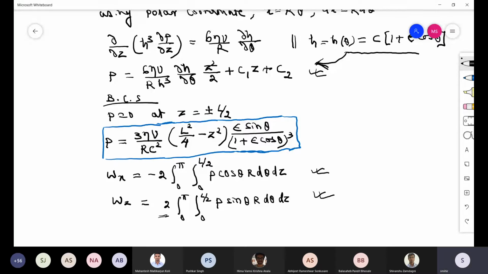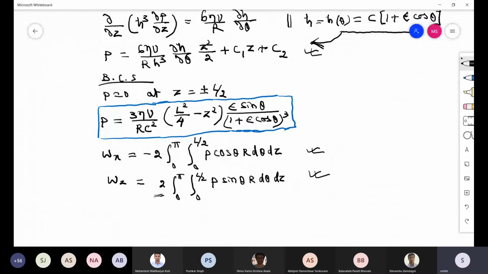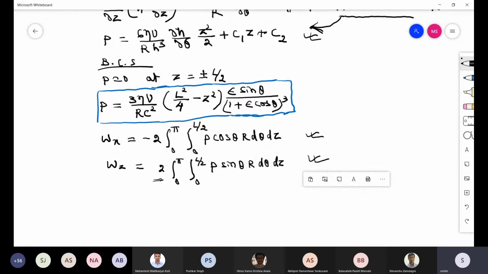That was quite reasonable for the pressure profile. That's why we are not taking 0 to 2 pi, rather we are taking 0 to pi, as we discussed in the last class. For these two integrations, you have to use Sommerfeld substitutions in a very similar way to what we did for infinitely long bearings.